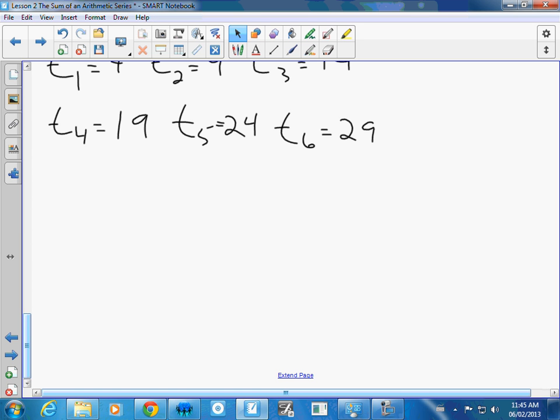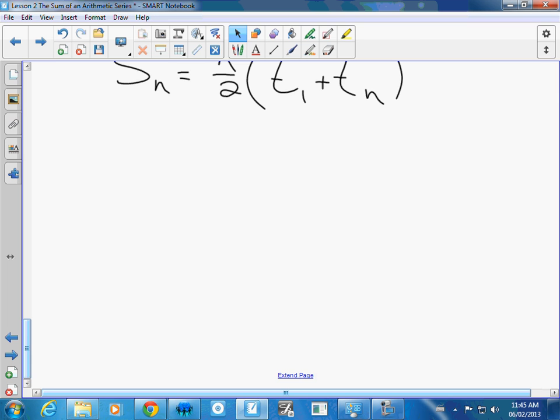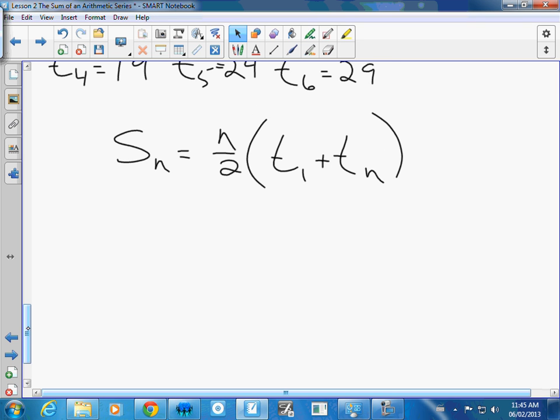Do you think we can use that in this case? Do we know the first term? Yep. Do we know the sixth term? Do we know what n is? Yeah, so let's use that one. What the heck? Let's live dangerously. So we know, let's write that down. S of n equals n divided by 2, t1 plus tn. Beautiful. Why not? Let's use this one just because it's by itself. So we're trying to find the sum of the first six terms. So what's n? 6.